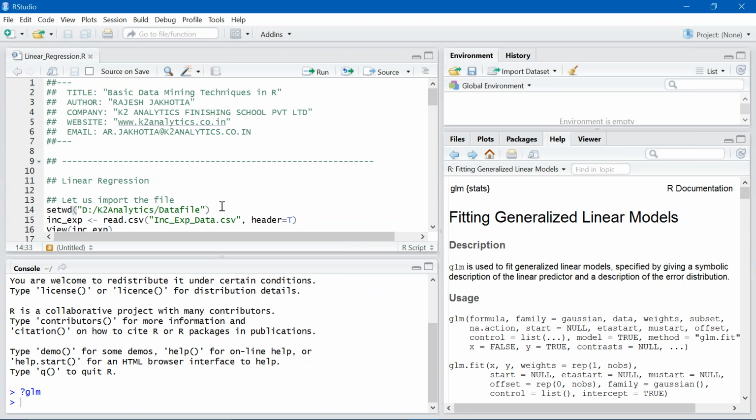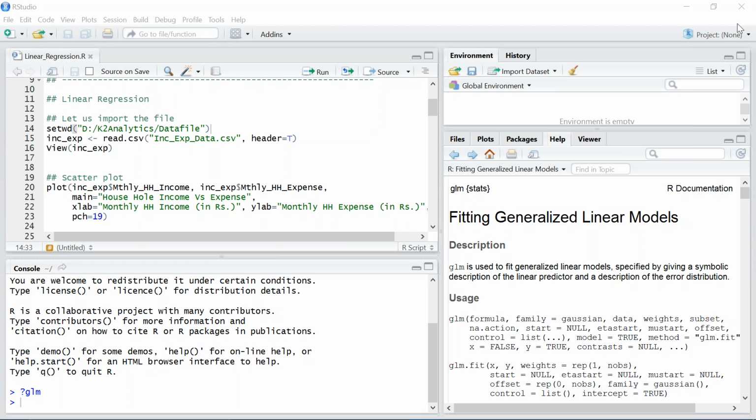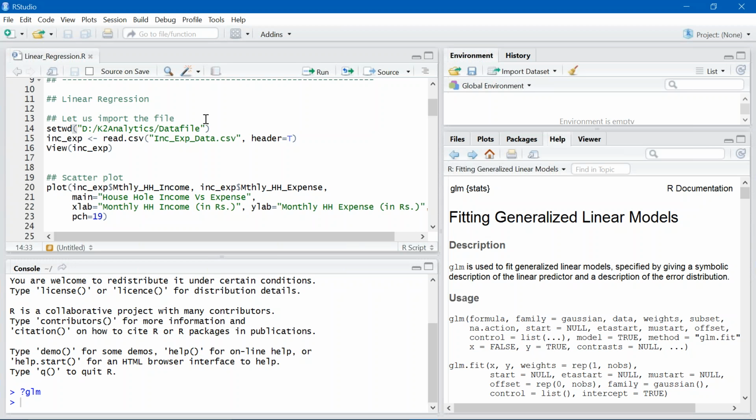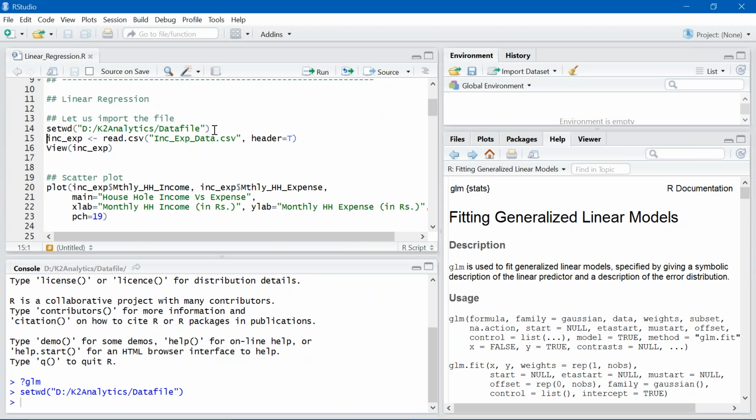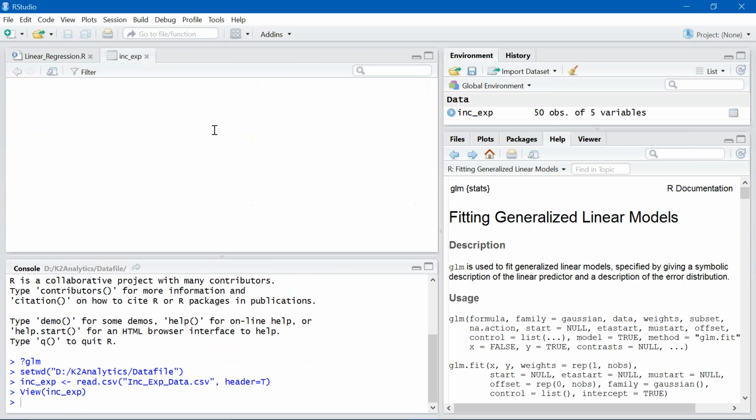That's my set working directory. So I have set my working directory, and then I'll import the data, income expense data.csv, which is given to you, and view.